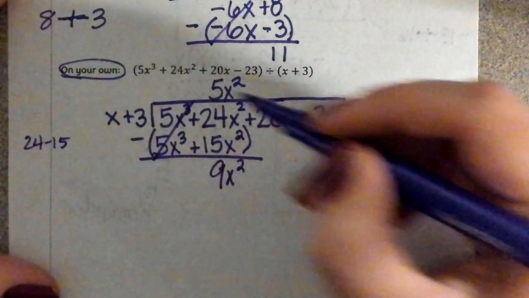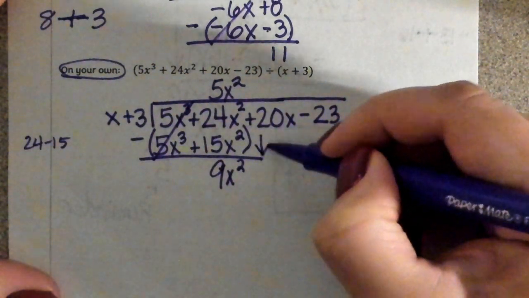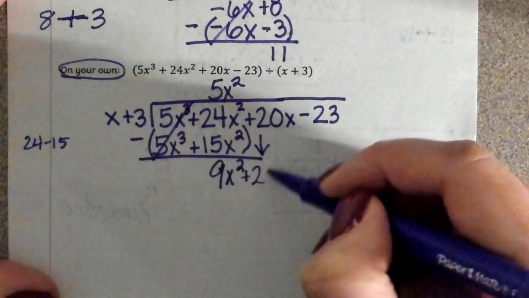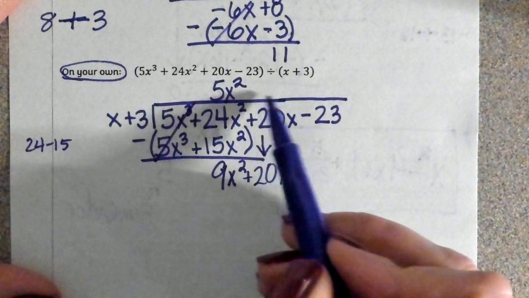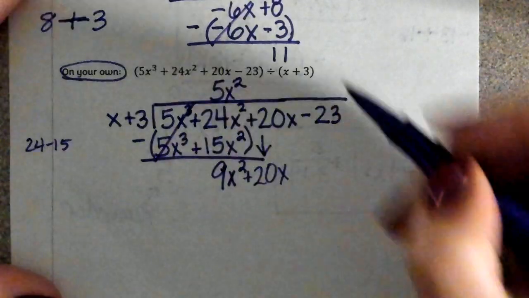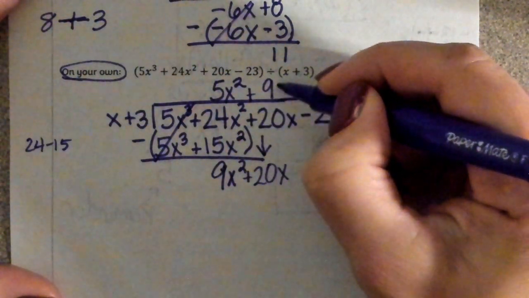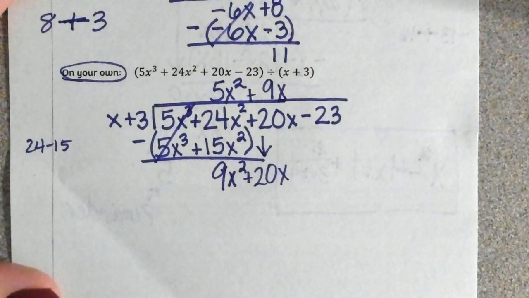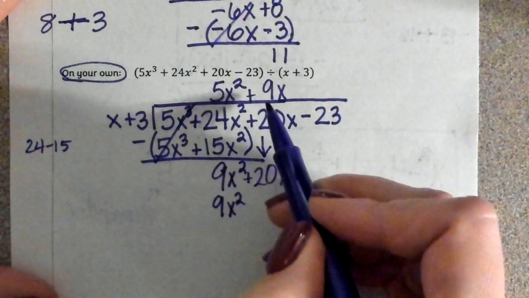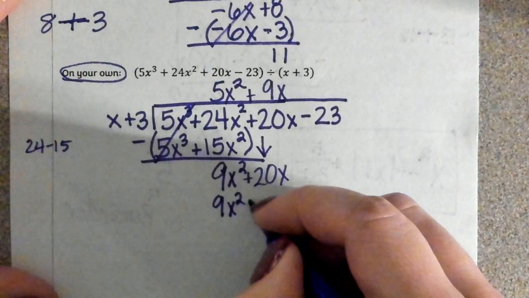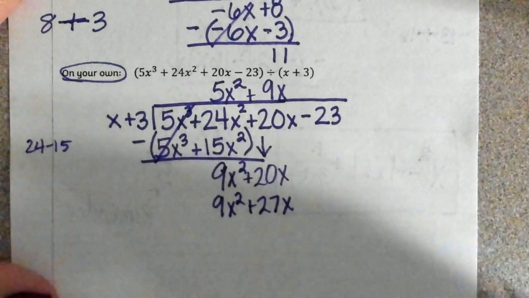Okay, we need another term because we're dividing by two terms, so we're going to bring down this plus 20x and repeat the process. X times what makes 9x squared? Well, that would be 9x. Then we get 9x squared, and 9x times 3 is plus 27x.